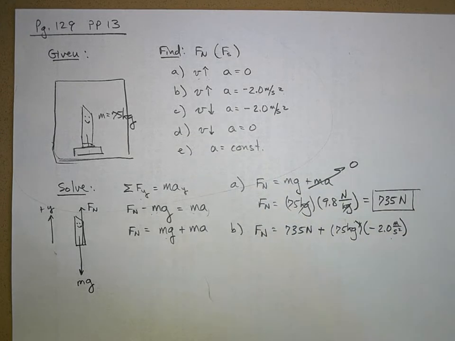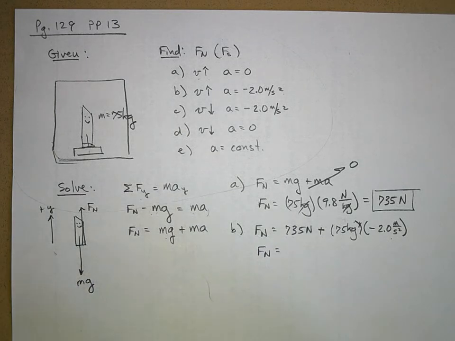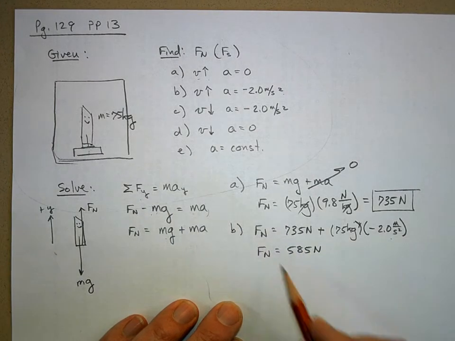So that's minus 150. And what do we get for the normal force there? So what is 735 minus 150? Well, it's 635. What is it? 585? 585 newtons. Now notice something here.